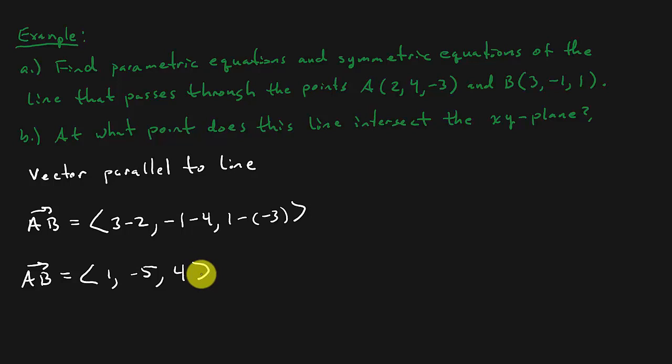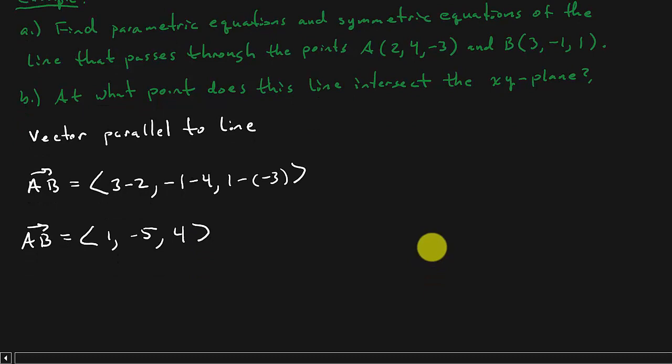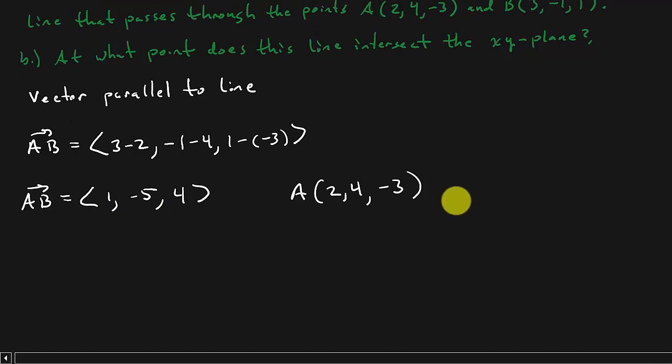Now, let's use point A. Well, you know, if you wanted to, you could use point B. It's on the line also. Let's just use point A, and we've got our parallel vector AB. Okay. So look, the parametric equations.